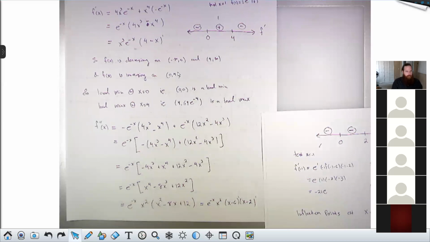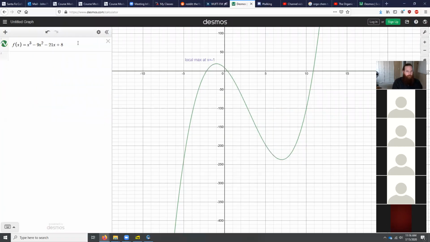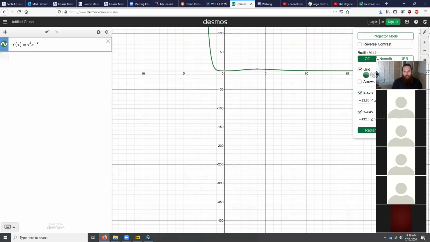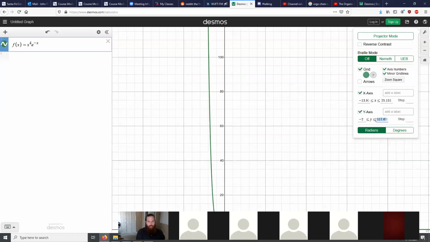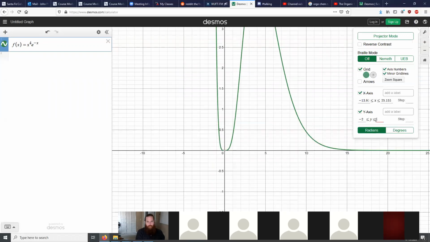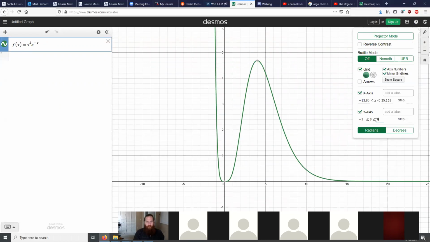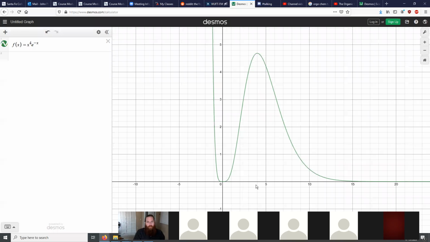Let's take a look at this graph in Desmos. And let me rescale my y-axis. So some interesting stuff is happening here, right?